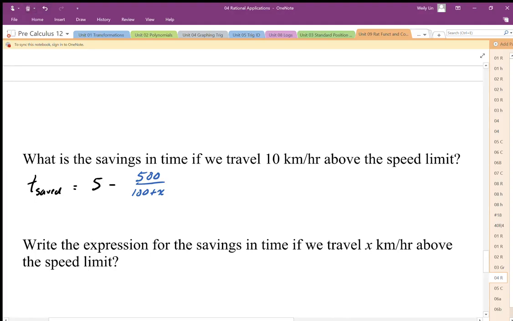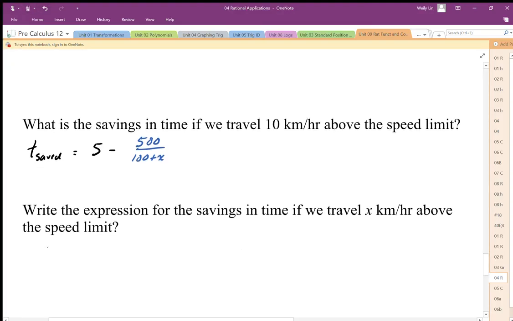And so if I rearrange this, I can put this all into one fraction, which is advantageous because we can do our math a little bit easier when it's all in one ratio. So I'm going to get a common denominator. So I'm going to multiply the top and bottom by 100 plus x. So I get 500 plus 5x in the numerator over 100 plus x, minus 500 over 100 plus x.